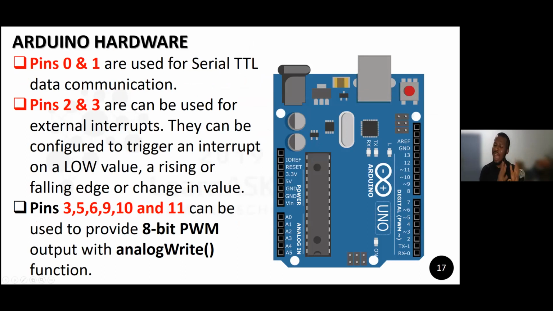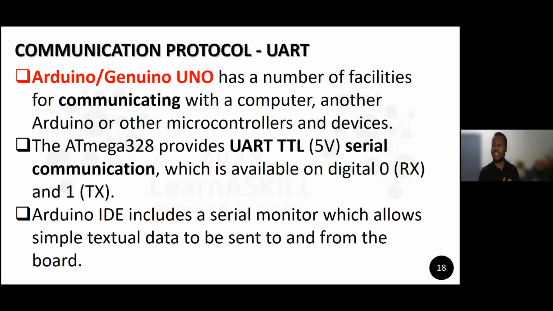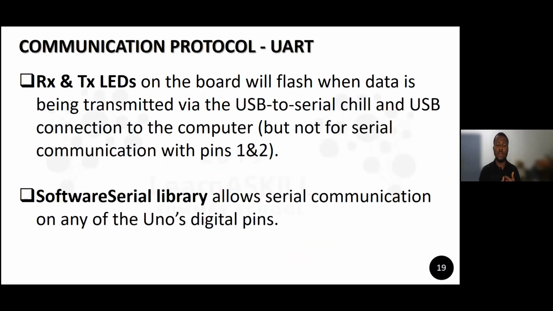But there are times that you have a lot of devices that communicate via serial. So the Arduino platform has a software version of serial, implemented using a technique called bit banging. It mimics the hardware serial, but it's just a software way of implementing it.